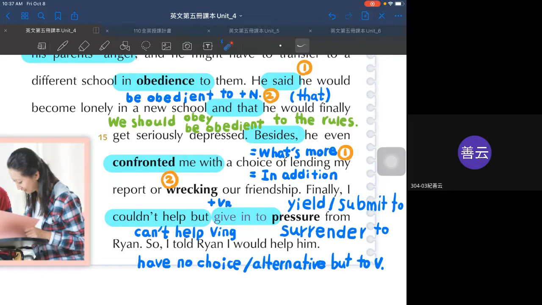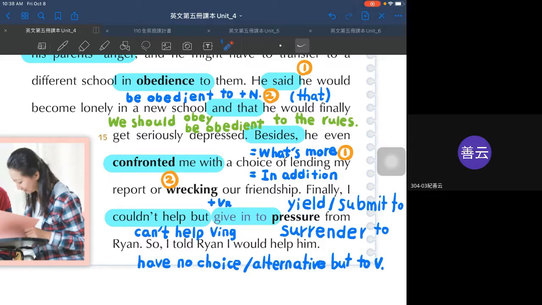There are another two ways for you to say so. You can also say have no choice but to do something. Or you can say have no alternative but to do something. So in other words, you can say I had no choice but to give into pressure.